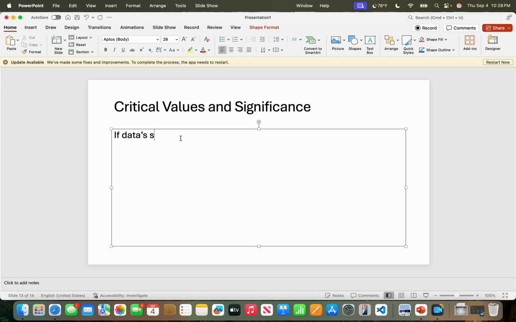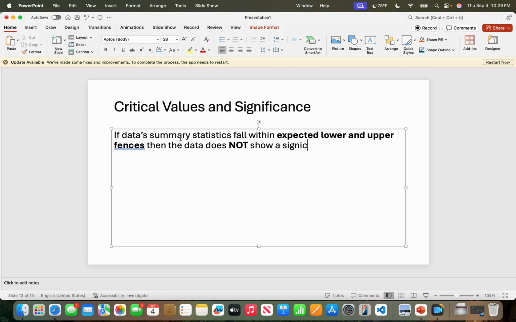So we'll say if data's summary statistics fall within, and we'll put this in bold, expected lower and upper fences, then the data does NOT, we'll put that in bold and caps, show a significant result. Significant, I can spell.